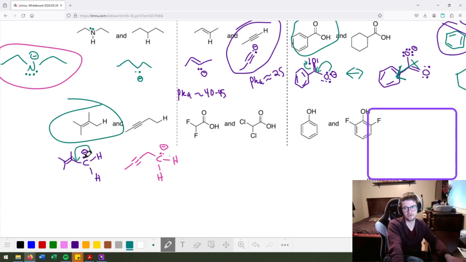So we got a lone pair adjacent to a pi bond. And note that this is very different from this situation where the anion is part of the pi bond.